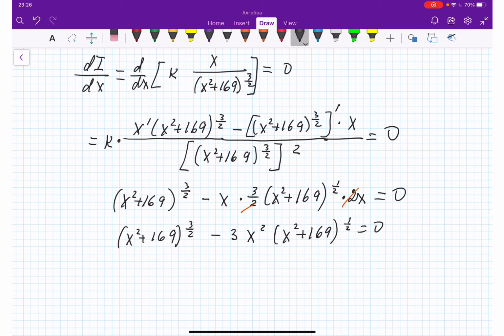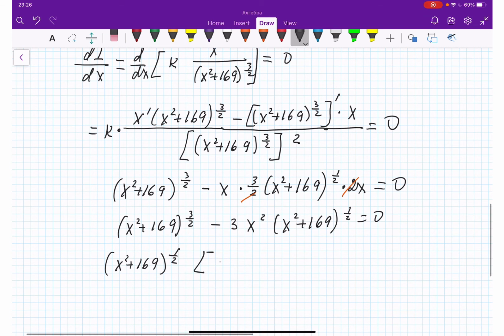So I'm taking as a common factor x squared plus 169 to power 1/2, and here I will have left x squared plus 169 minus 3x squared is equal 0.